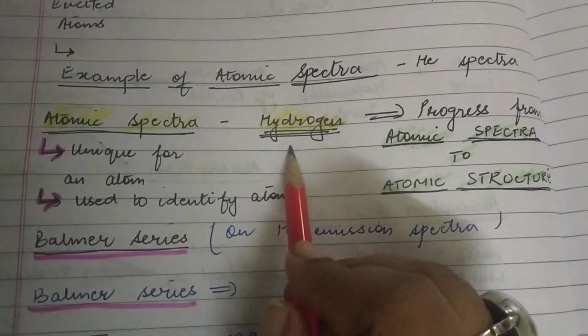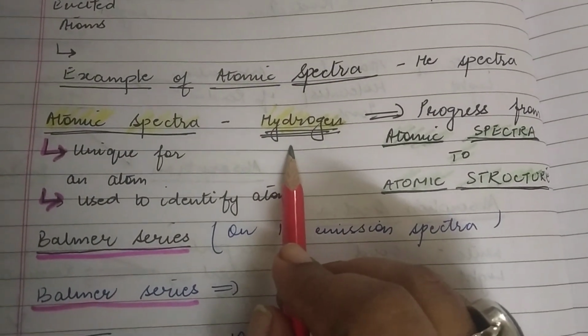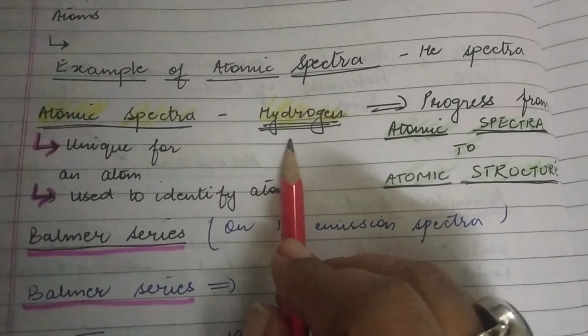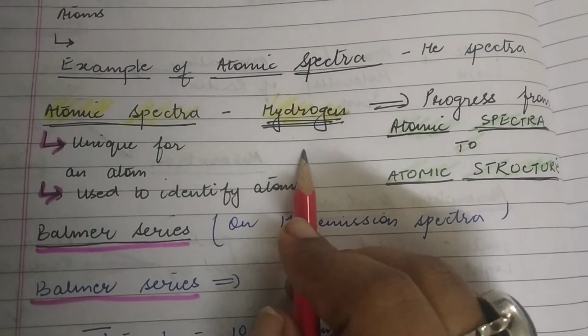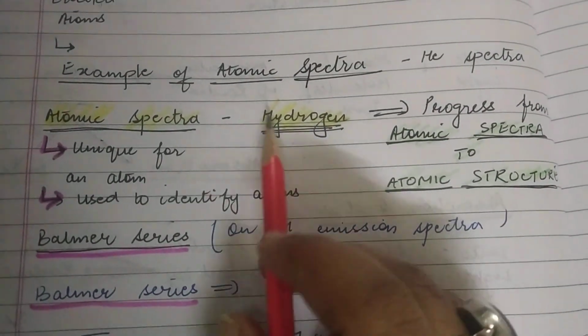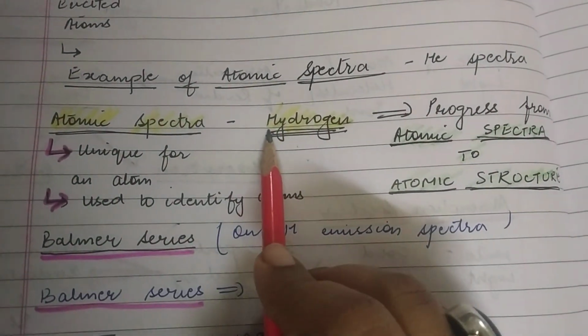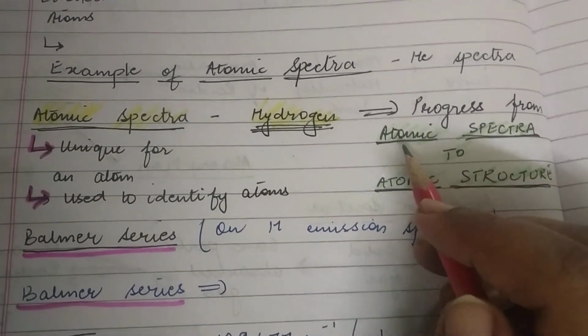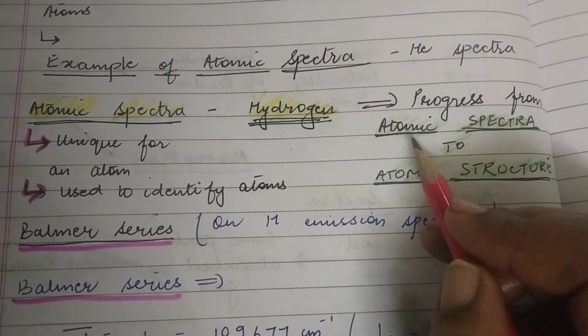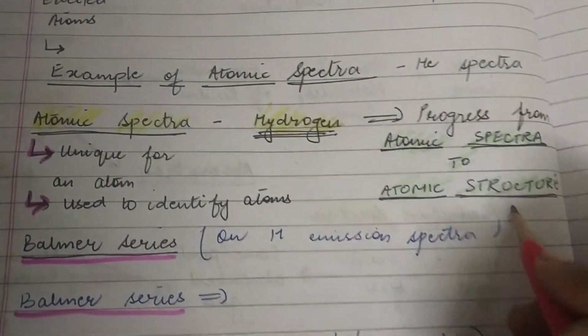Hydrogen was very widely studied in great detail because it was a very simple atom. A lot of studies have been done on this, and this study was particularly important because it progressed the findings from atomic spectra to atomic structure.